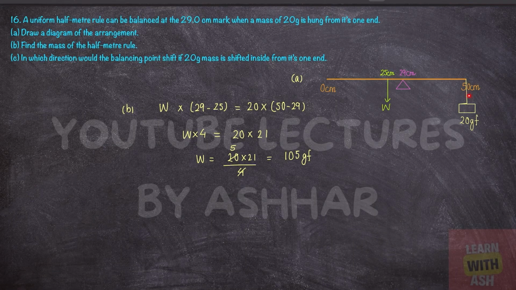So if this 20 gram force is shifted on the left hand side, that means the distance between the fulcrum or the pivoted point and this particular weight will become less. So to maintain that distance, I have to shift this particular point to the left hand side only.